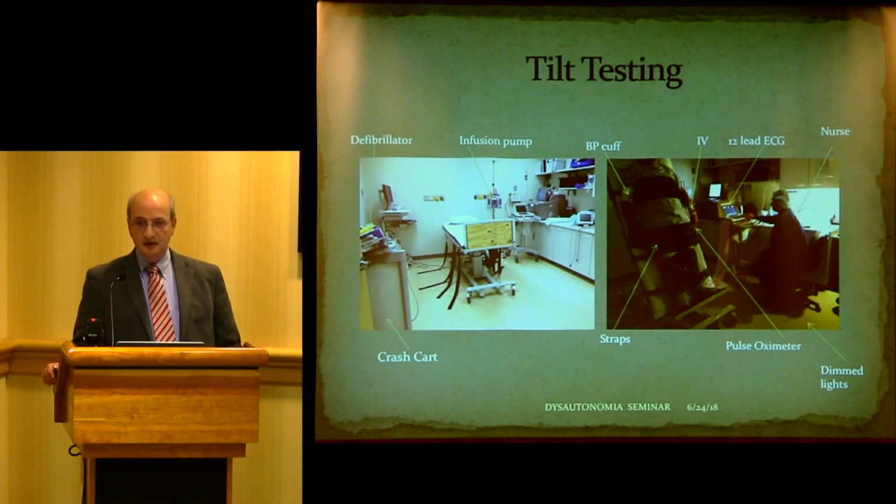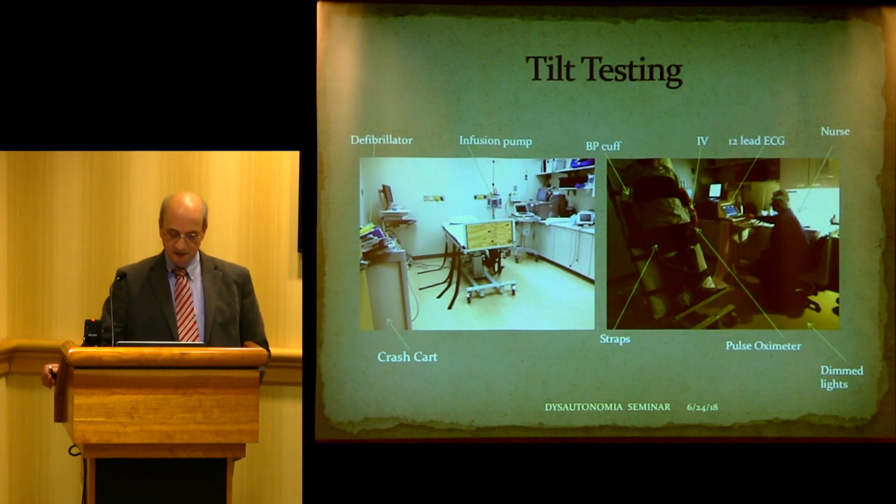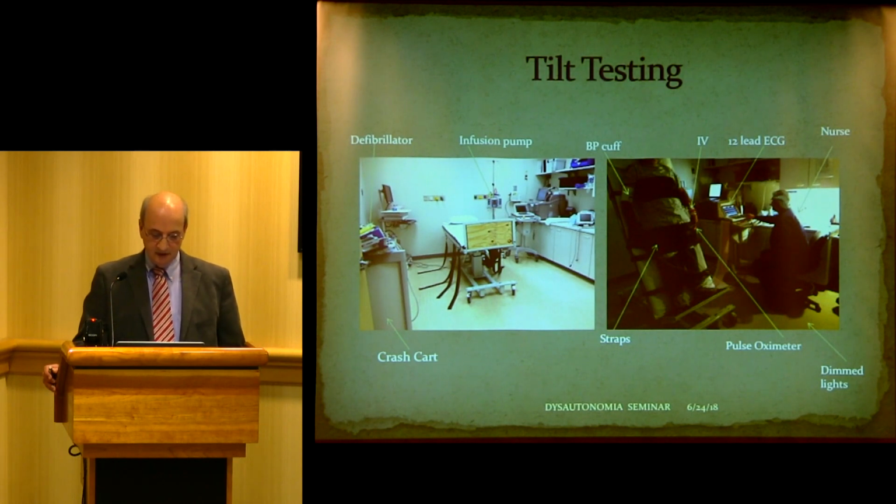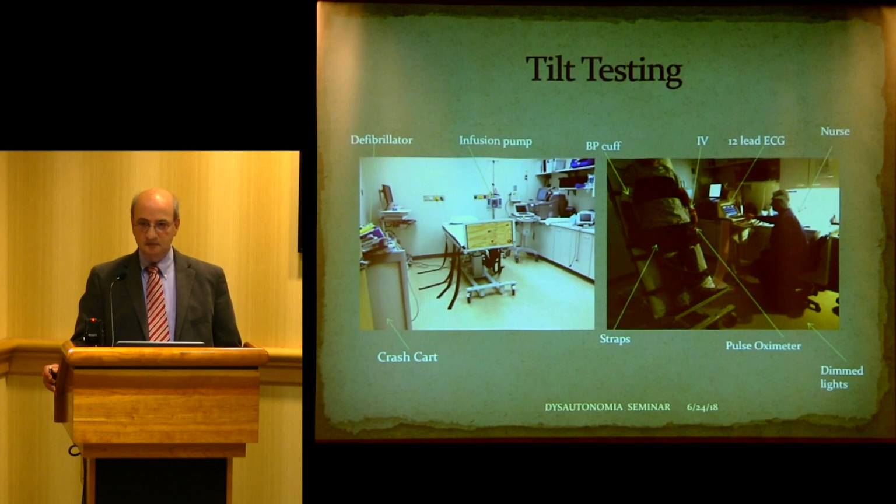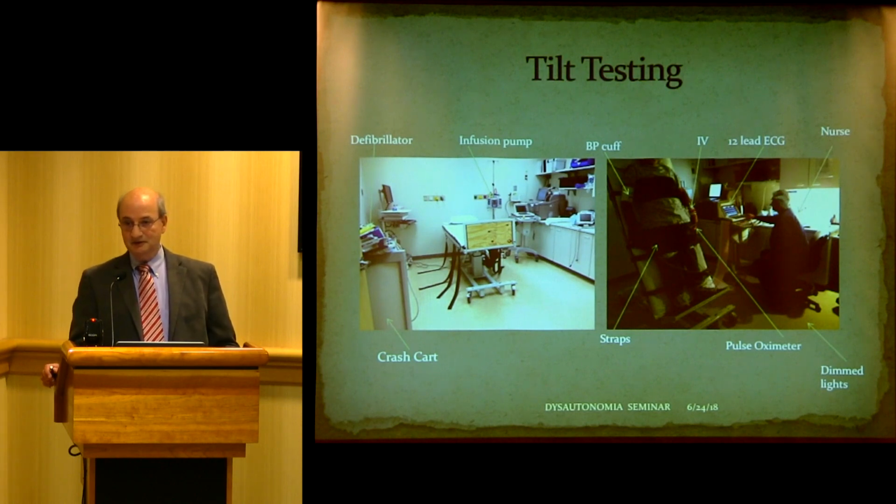You'll see that for neurally mediated hypotension, however, we go on to 45 minutes if the patient hasn't developed any signs of neurally mediated hypotension. We try to provoke that by giving isoprel, or isoproterenol, I should say, and that usually increases the heart rate a lot, and it scares the patient a lot.